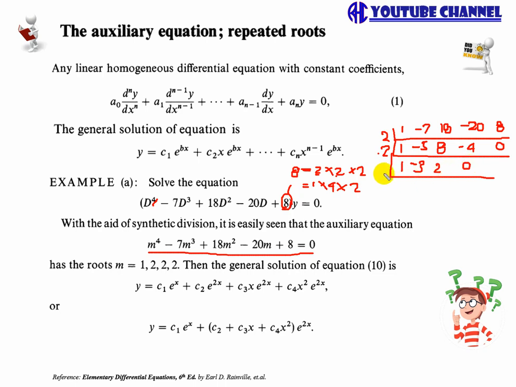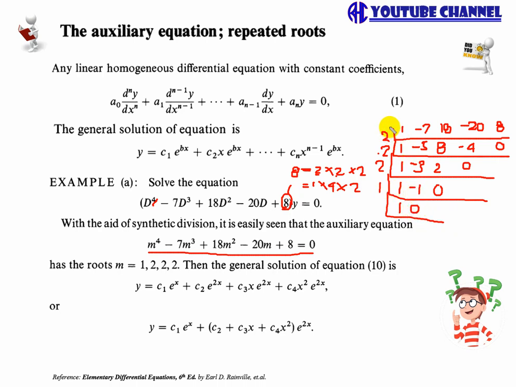So, tama na naman. Ito na naman isa nating 2 kasi ito yung factor ng 8. Bring down 1 natin. 1 times 2, 2 minus 3, that is negative 1. Negative 1 times 2, negative 2 plus 2, that is 0. So, tama na naman. I-try natin ng positive 1. Bring down 1 natin. 1 times 1, 1 minus 1, that is 0.